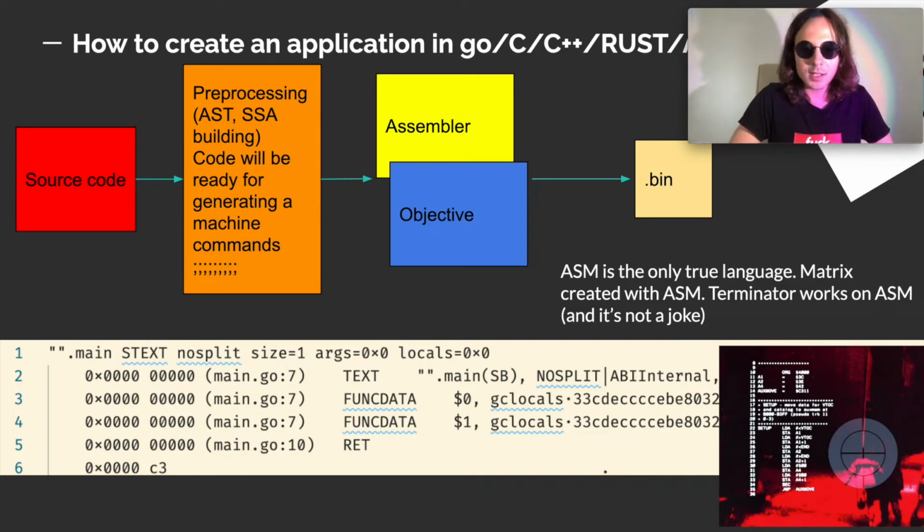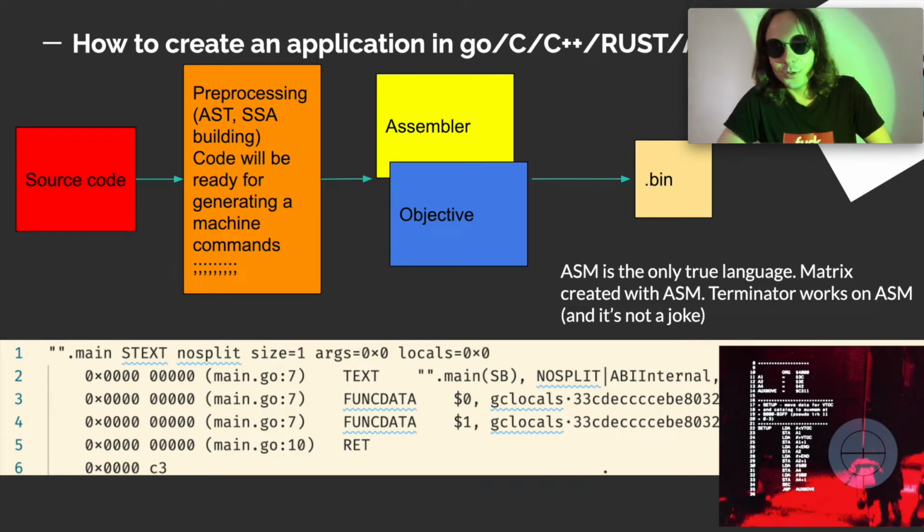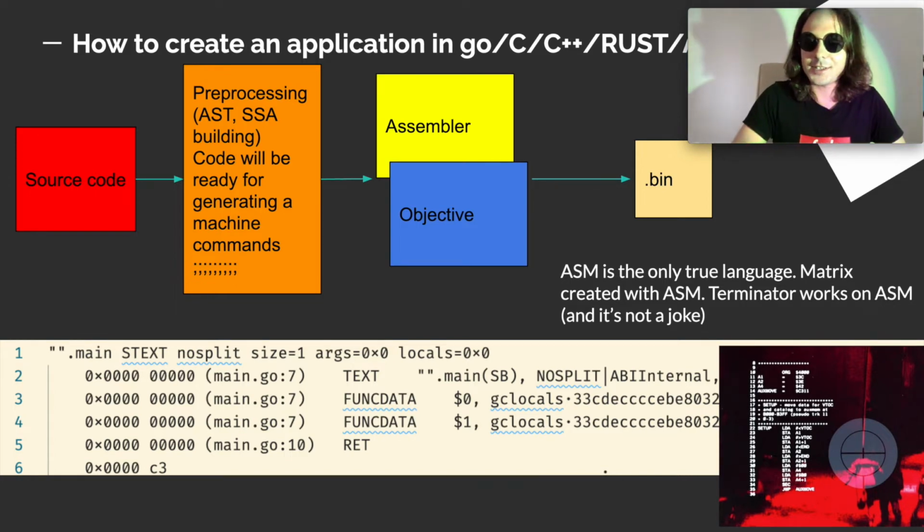So for example, here you see the image of assembler code, where text, func data or read are machine commands, but in assembler we use human readable links and tags to explain them. And assembler was featured in a movie like Terminator. You see this image, it is from Terminator. So yeah, Terminator was assembler driven.